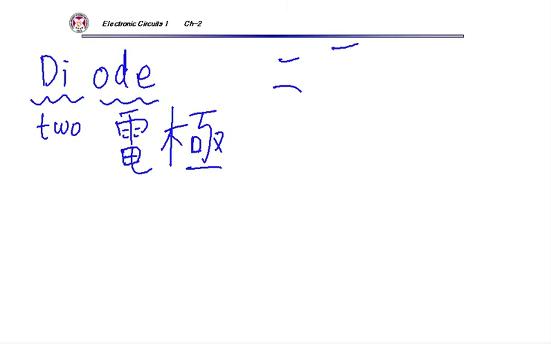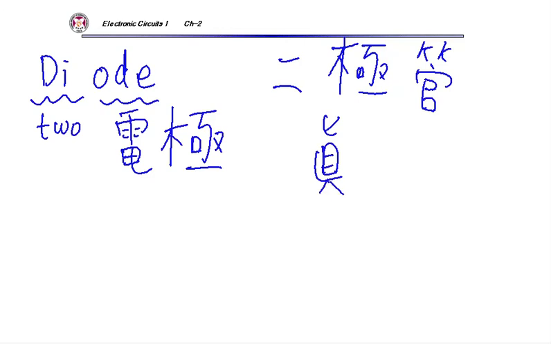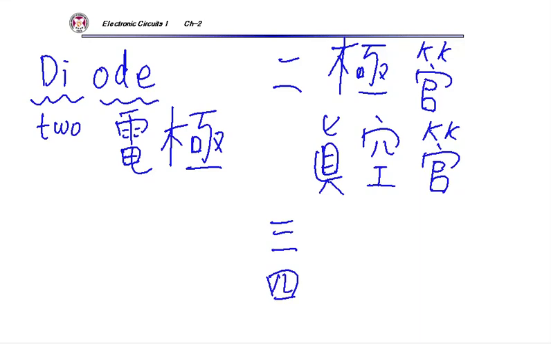In a vacuum tube, this vacuum tube was used a long time ago. This vacuum tube has two electrodes, three electrodes, four electrodes, five electrodes, or something like that.